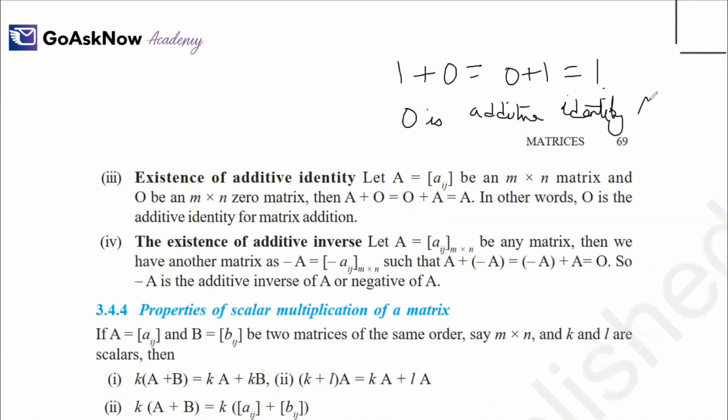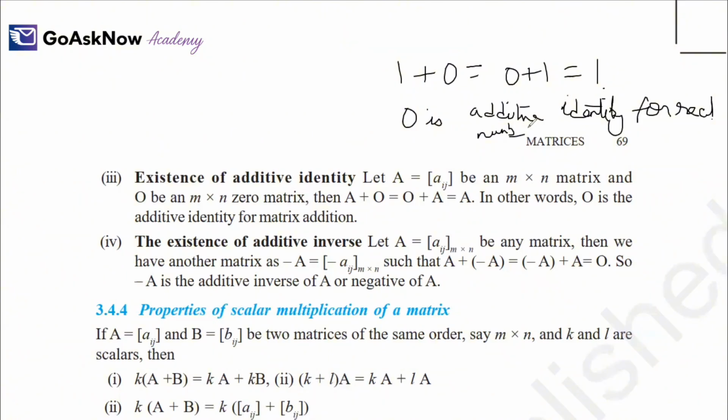Zero is the additive identity for real numbers. Similarly, for a matrix, O is the additive identity element. I hope that you got the point of what is additive identity element or matrix.